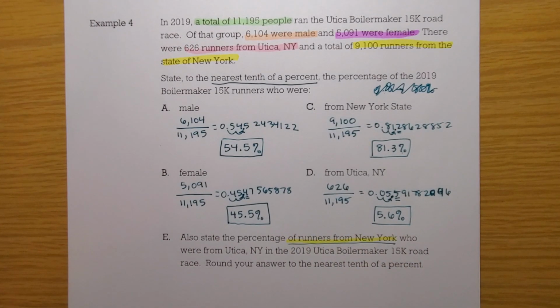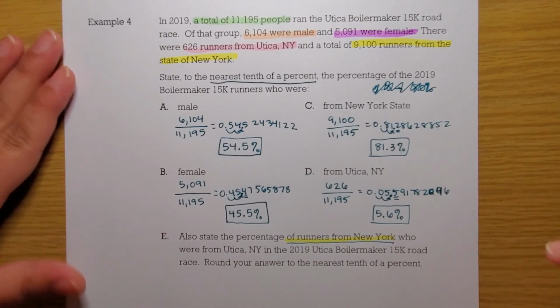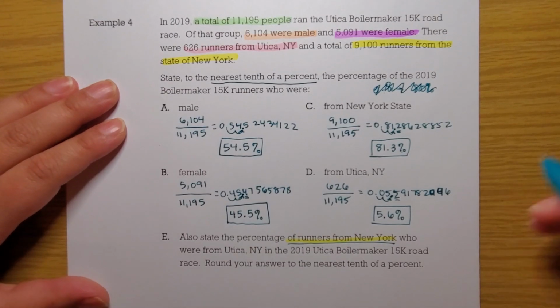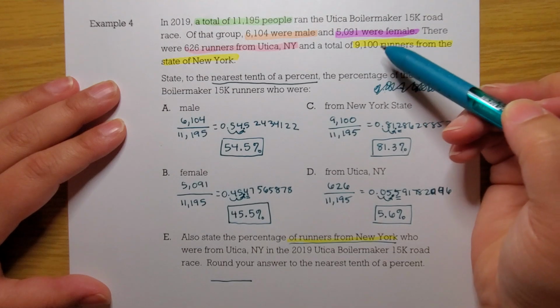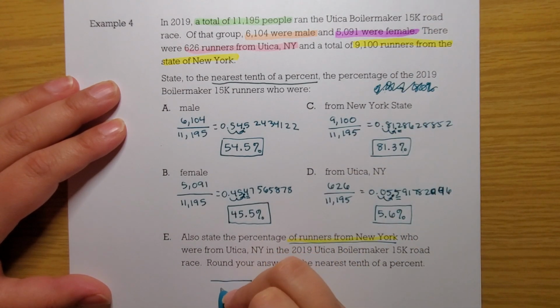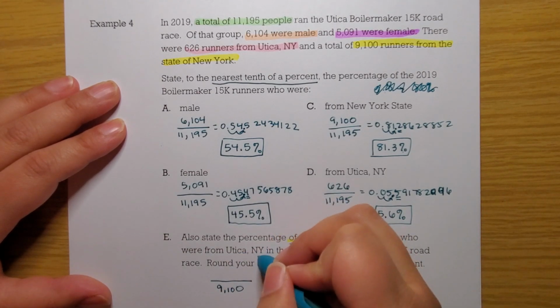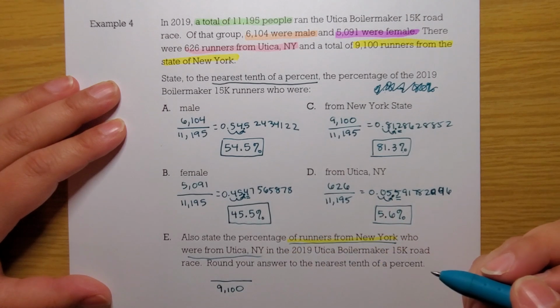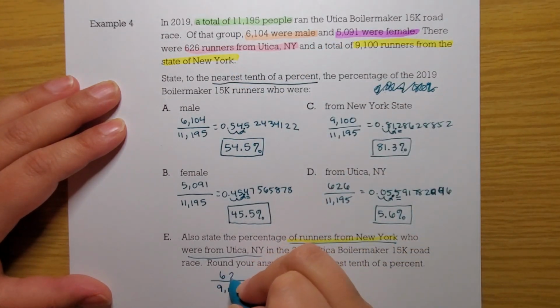So instead of looking out of all of the runners, our total for this problem is going to be just the total number of runners from New York State. So when I form my fraction, there were 9,100 runners from the state of New York, so that's going to be my denominator. And my numerator is the people who were from Utica. So there were 626 runners from Utica.